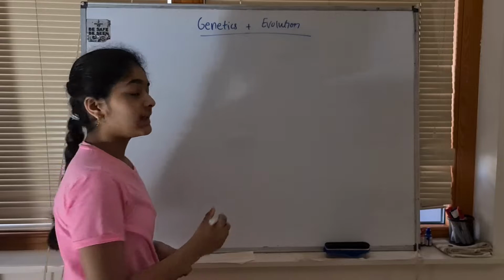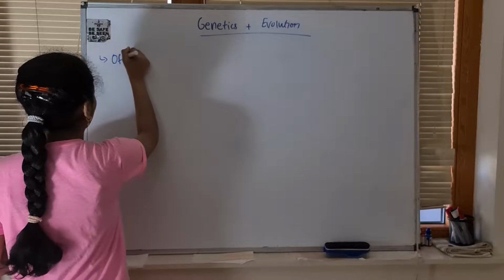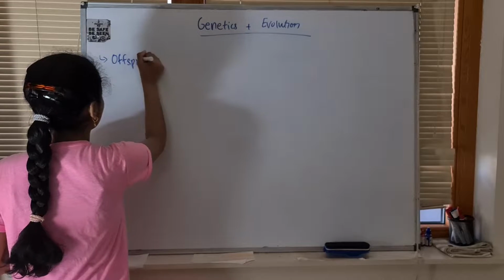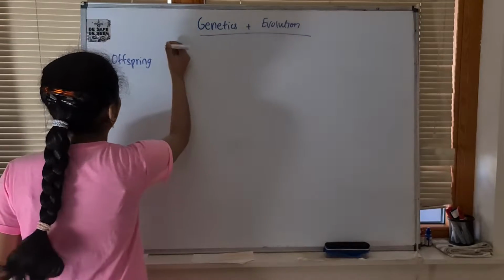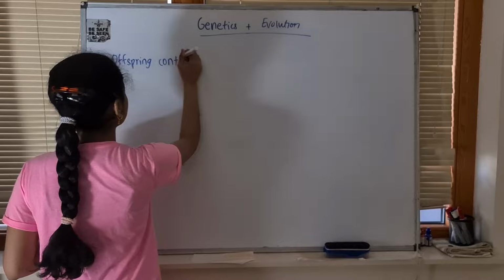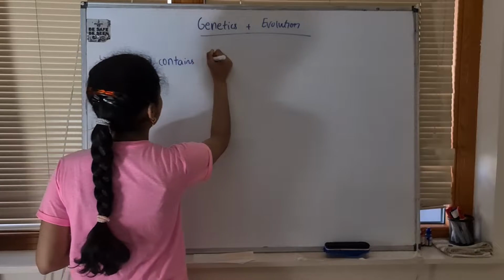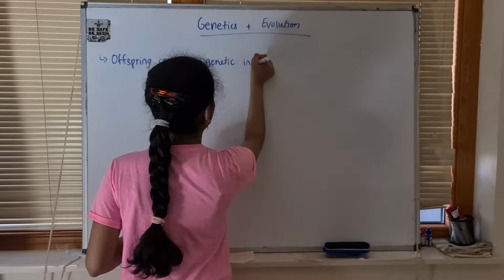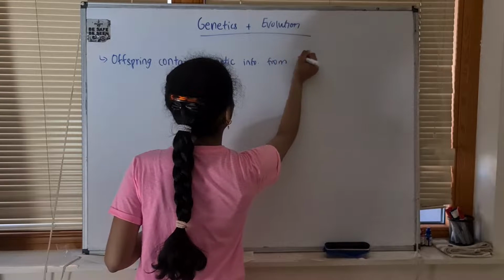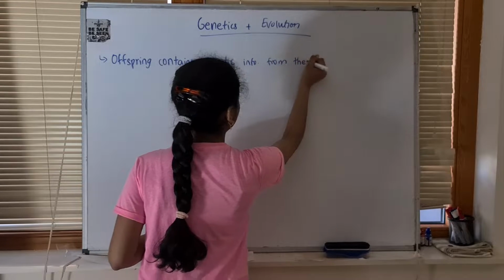So first, let's understand the meaning of offspring. Offspring means the child of a parent.